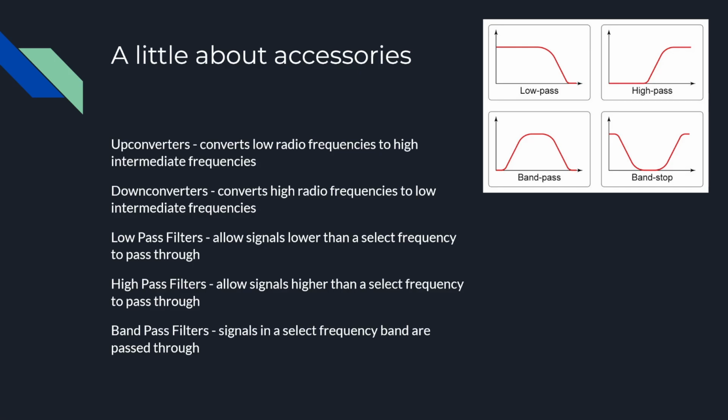Another thing is high pass filters, which are the opposite of low pass, and then band pass is for select frequencies. I haven't really seen a lot of band stop filters being bought, so if you need that specifically, then do that. But for the most part, all of this stuff can be thrown into software except for the upconverters and downconverters. Those are probably the more important accessories to get.